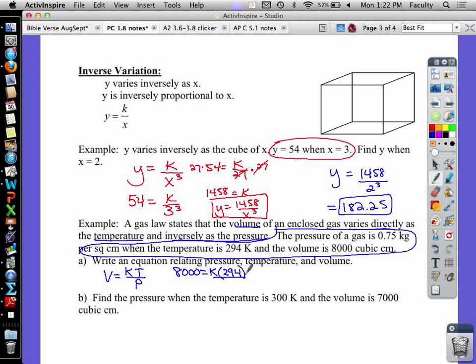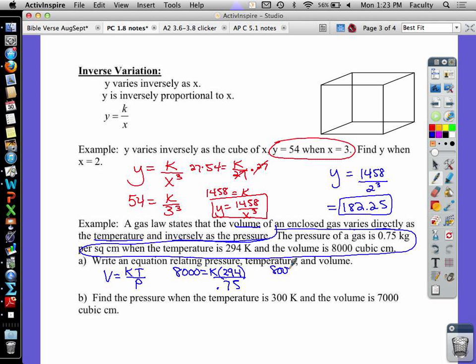What does that K stand for in science for temperature? Kelvin. Good job. Okay. So now what I would suggest you do is, instead of trying to worry about how to solve the fraction, let's go ahead and just divide 294 by 0.75. I think this will just make the computation a little bit easier.